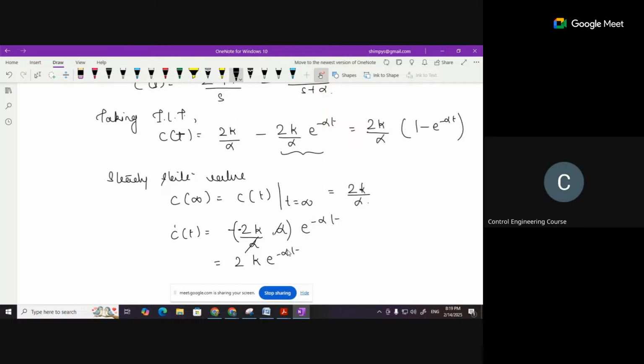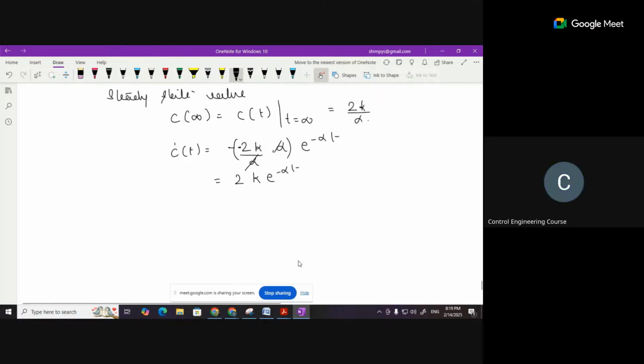Now, if I take the value of this derivative at t equals 0, e to the power 0 is 1, so this comes out to be 2K.